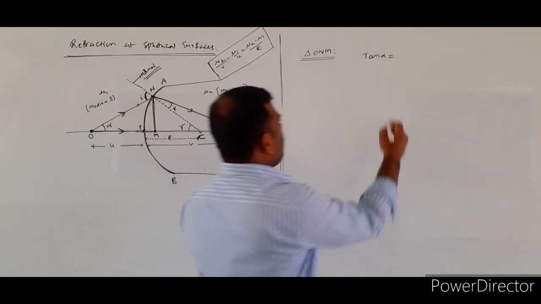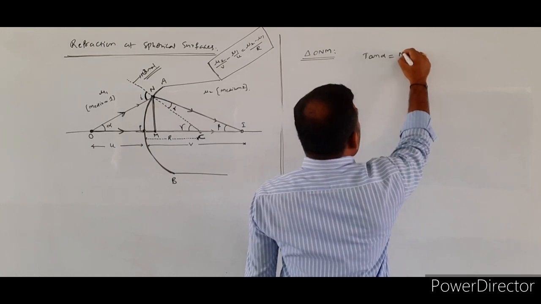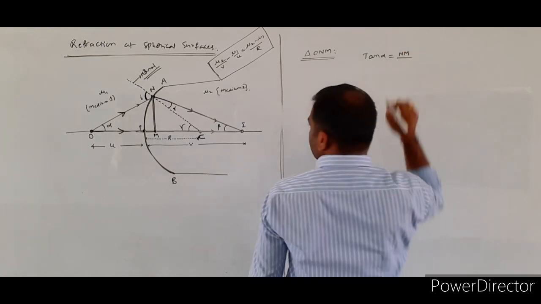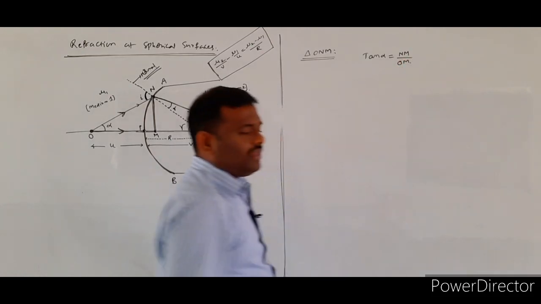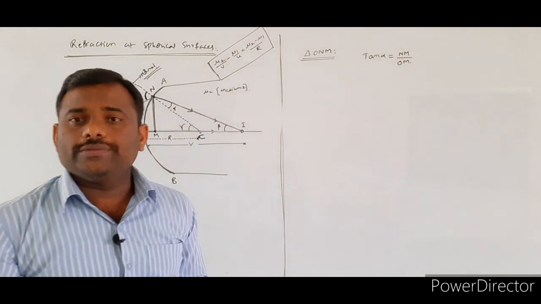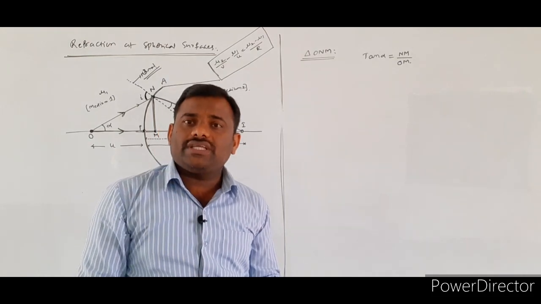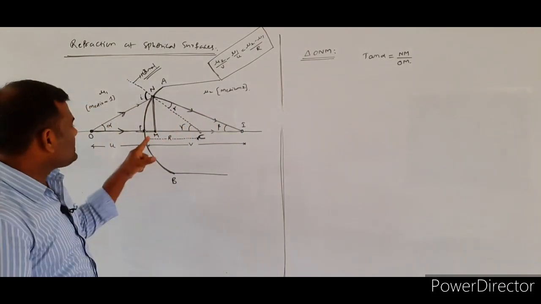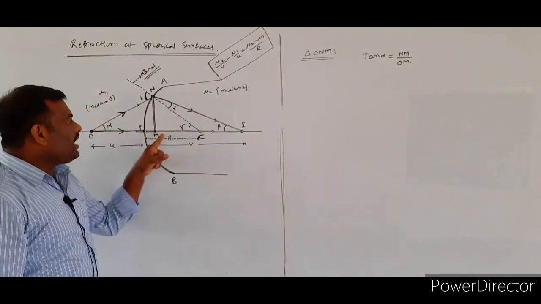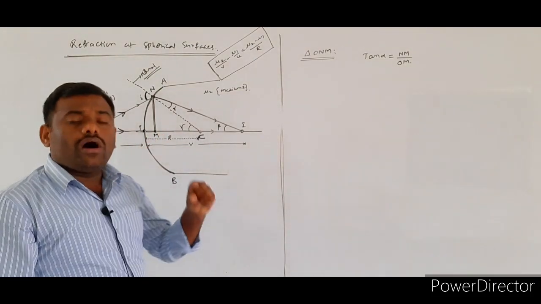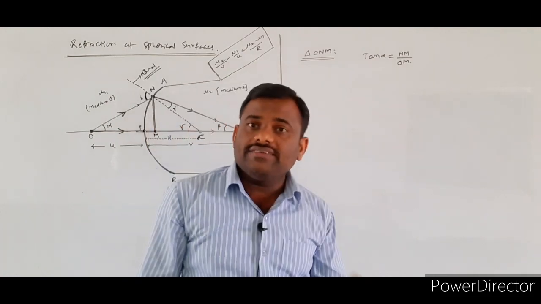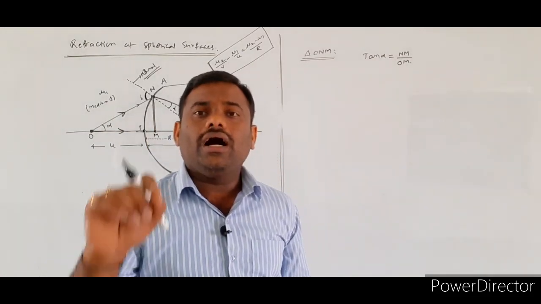Tan alpha is equal to NM by OM. Just now we told, whenever the size of the aperture is very small, the distance of separation between P and M will be negligible, and all the distances are measured from the pole only.